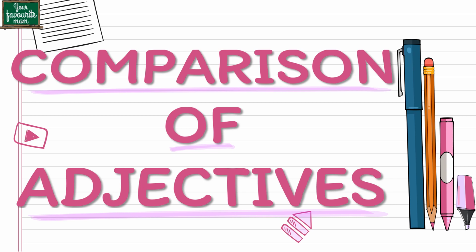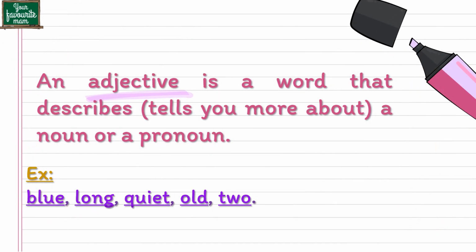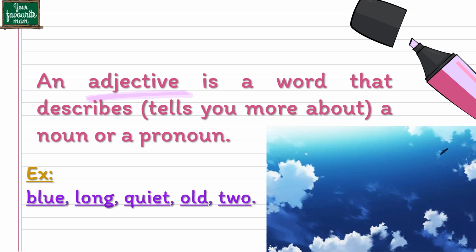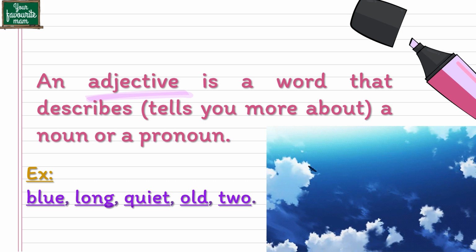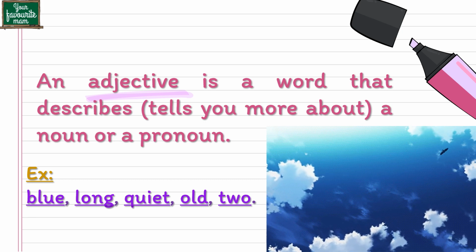But for now, let's revise what adjectives are. An adjective is a word that describes or tells you more about a noun or a pronoun. For example, blue sky. Here the word blue is telling us more about the noun sky.